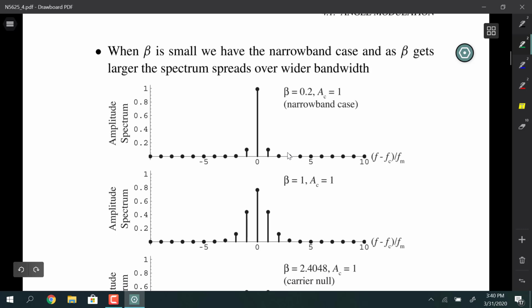So this picture shows the progression of beta getting bigger and bigger. When beta is very small, that produces the narrowband FM case, narrowband PM FM. And a characteristic of the narrowband angle modulation case is only one sideband pair.